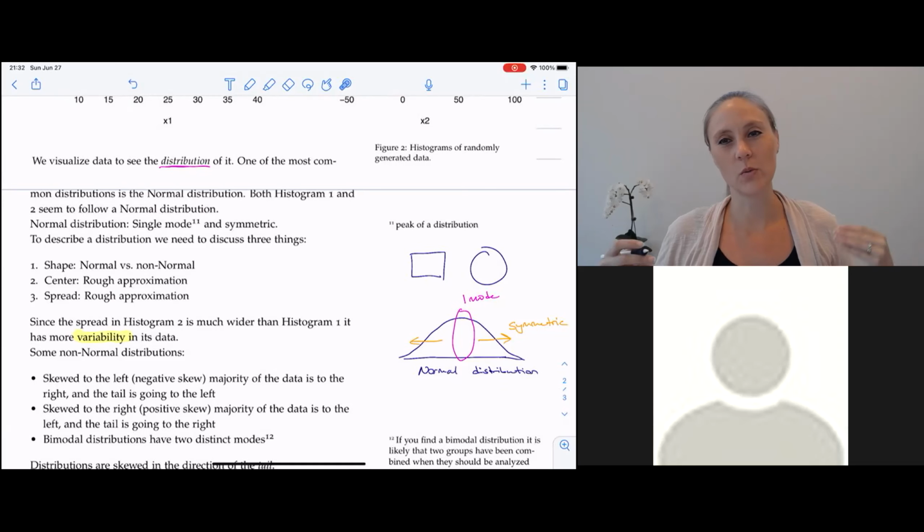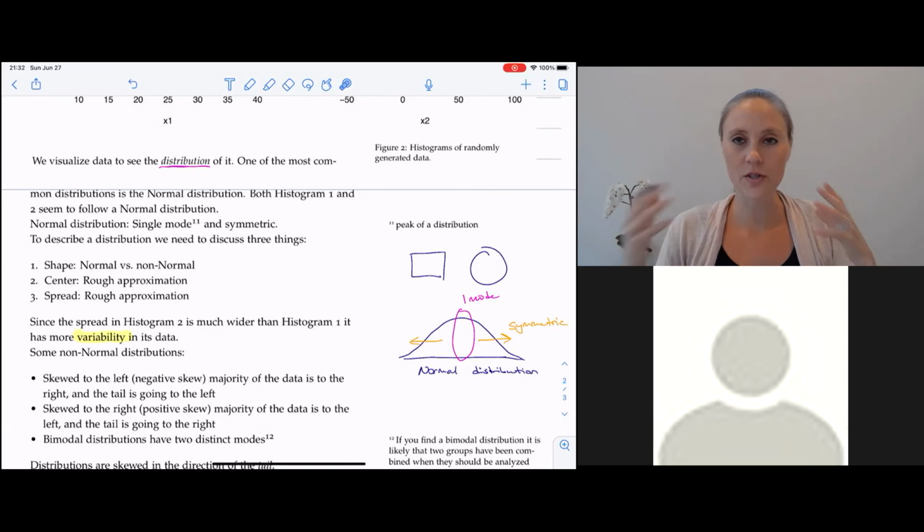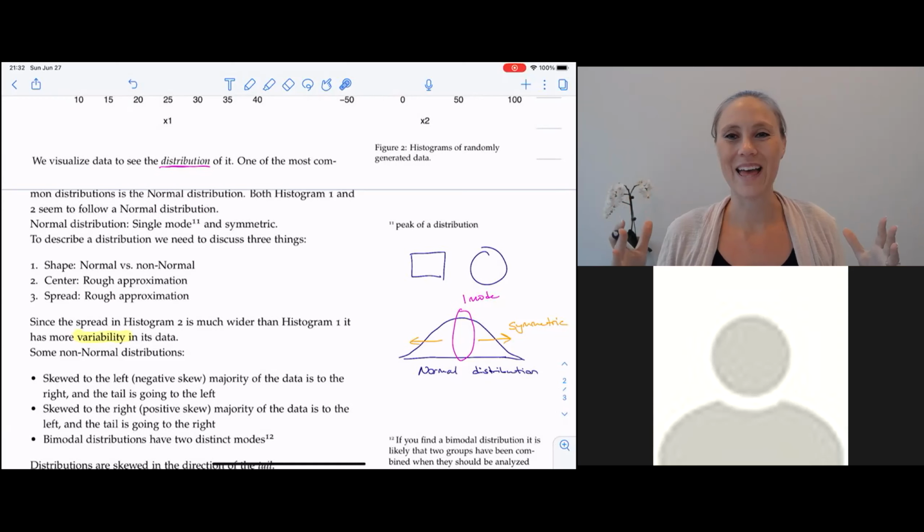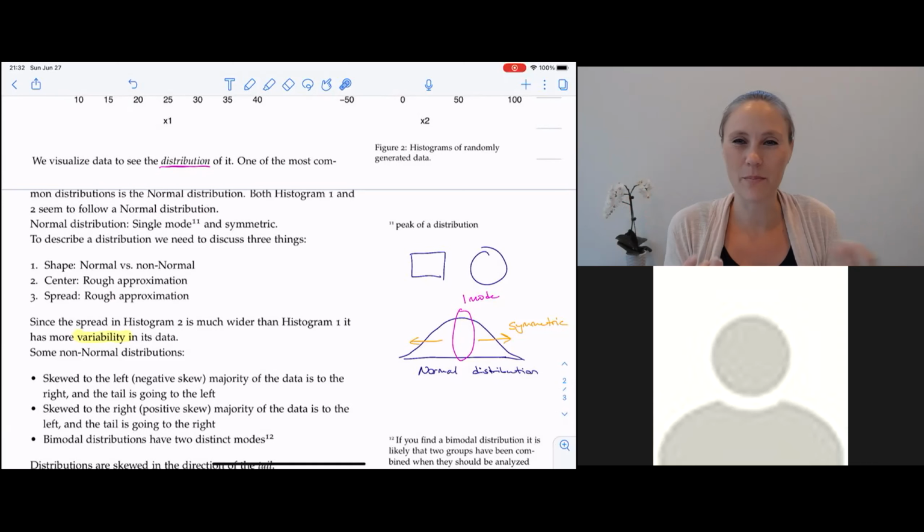And so eventually where we're headed is, if there's a lot of variability, then a difference of 10, let's say, is not going to be that big. Whereas if you don't have very much variability, then a difference of 10 might be massive. So it depends on the variability to determine if something is significant or extreme. We'll get there. But that's just kind of an appetizer.